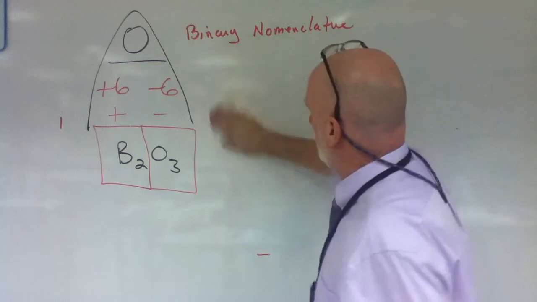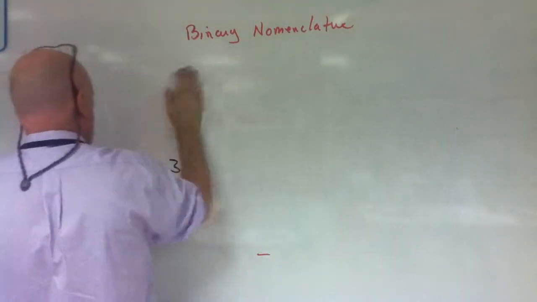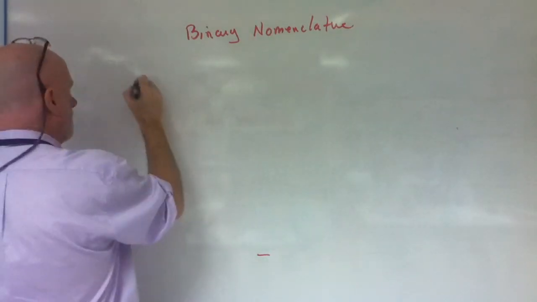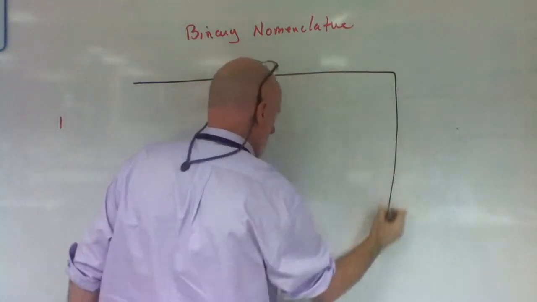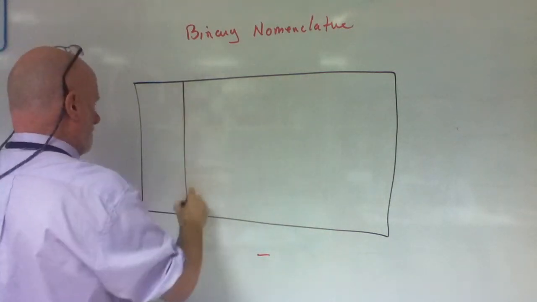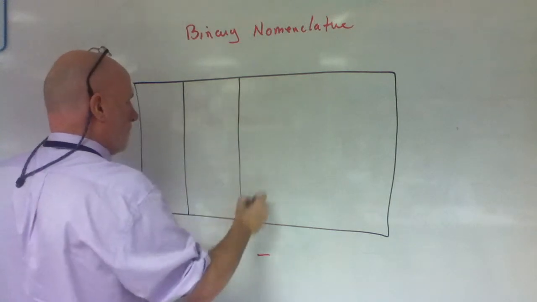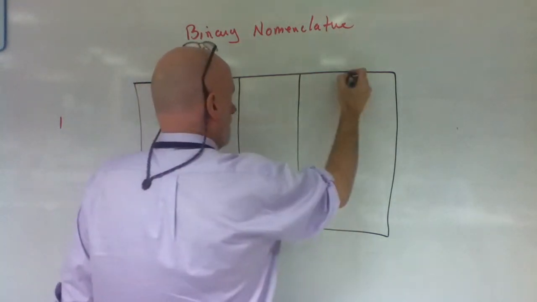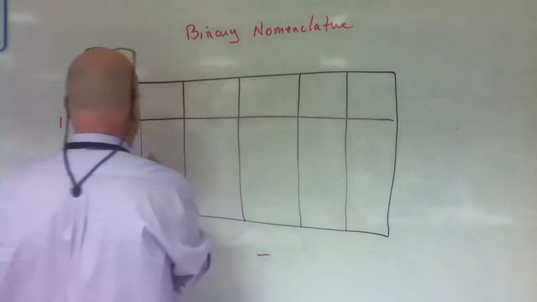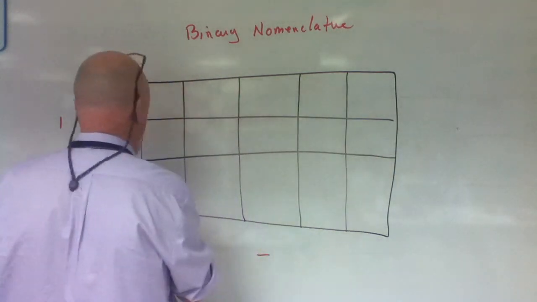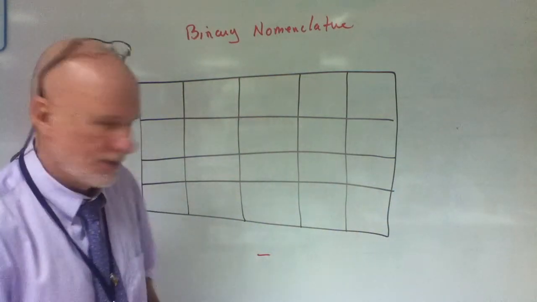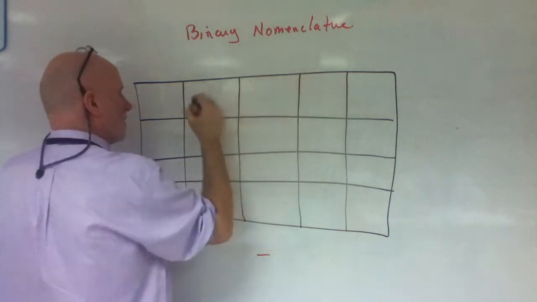Shall I show you what I want you to do for homework? Okay, you make up a table. You write down positive components on the top.